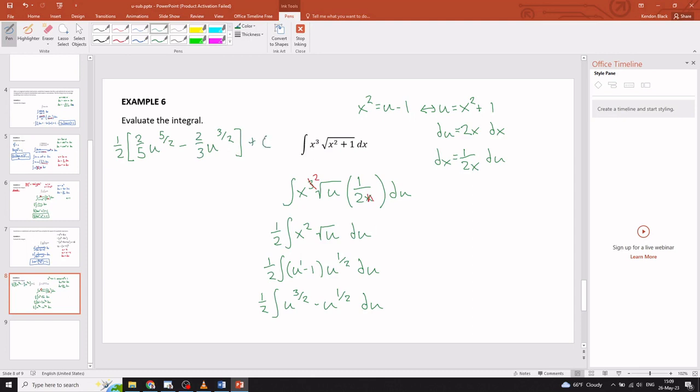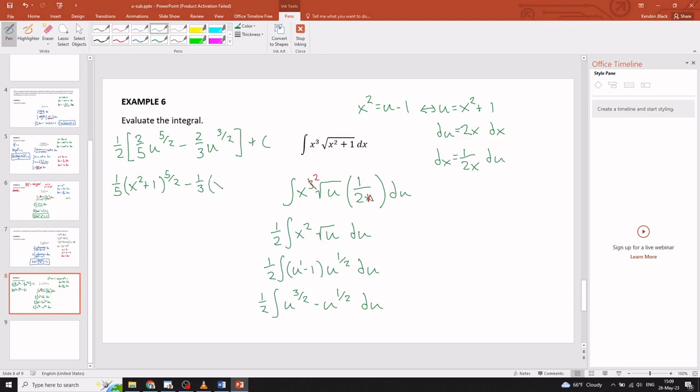Plus c. And we can go ahead and substitute the x squared plus 1 back in for the u. We can distribute the 1/2, so 1/2 times 2/5, the 2's cancel, we get 1/5. And then x squared plus 1 to the 5/2 minus the 2's cancel again, so we're going to get 1/3.